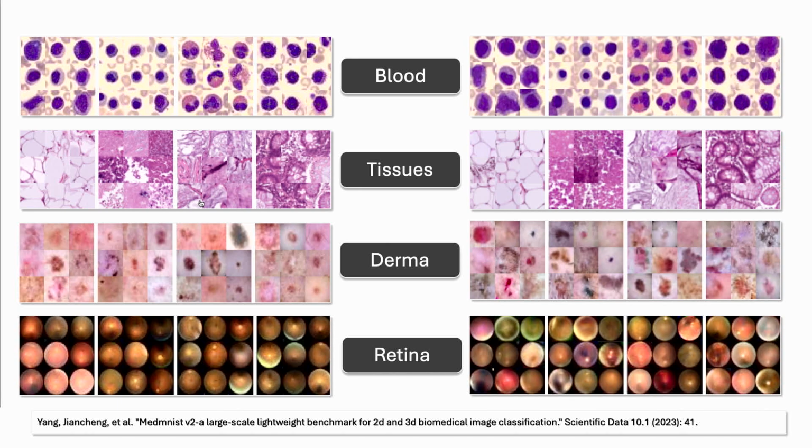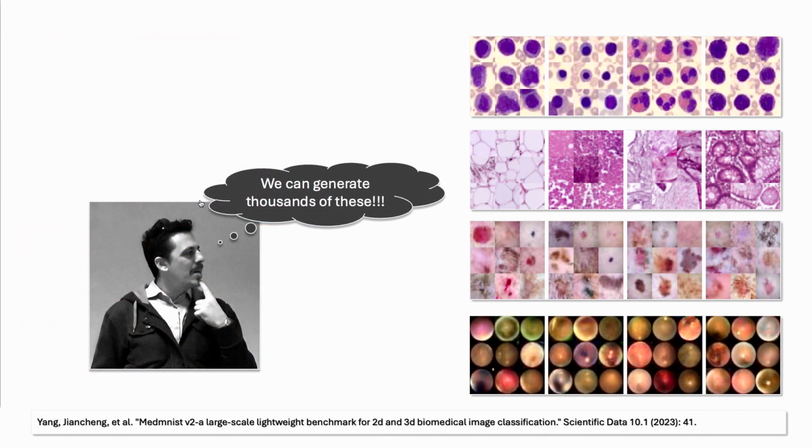I will not play real against fake with this slide. The ones on the left are the real ones. The ones on the right are the synthetic ones. No way to distinguish them. But the good thing is that now we can generate thousands of these, and we can even generate samples that are slightly different from the ones we trained our generator on.